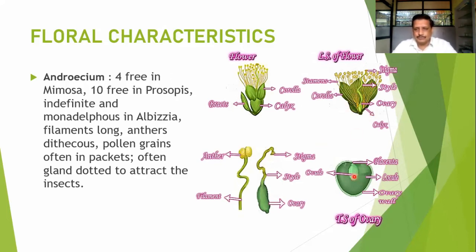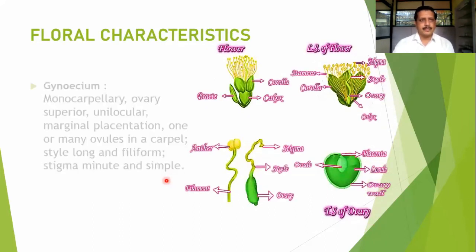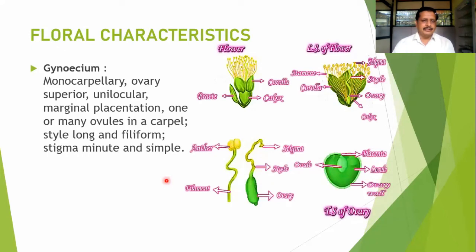most of the members of the family Mimosaceae. Here you can observe the TS of the ovary, where the ovule is a pendulous structure and placenta is mostly marginal because it belongs to the family Leguminosae. Gynoecium is mostly single. It is a monocarpellary gynoecium.